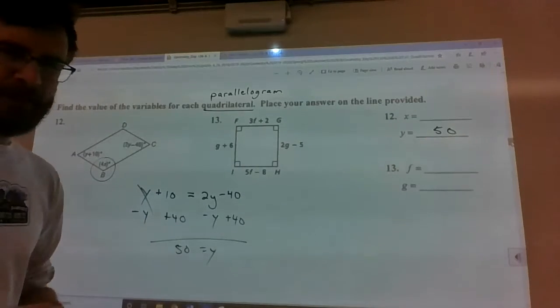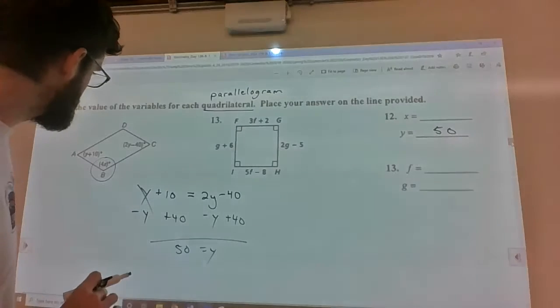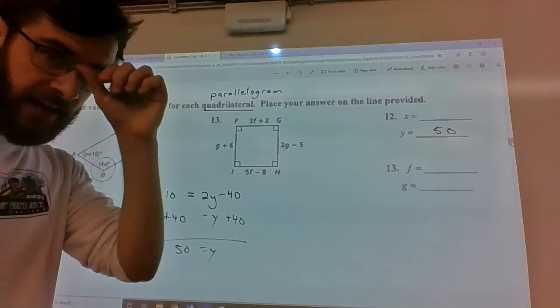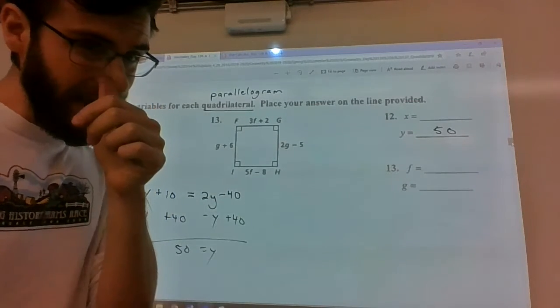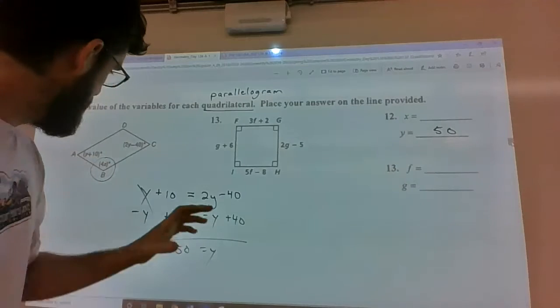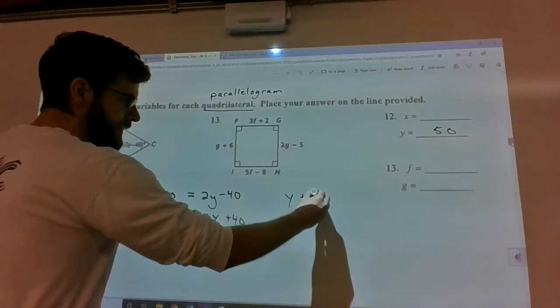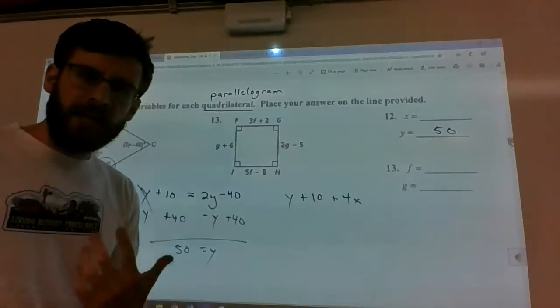Okay? That's where people start to guess sometimes if they don't know how parallelograms work. But we know that consecutive angles inside of a parallelogram, they're not congruent necessarily, they're supplementary. So y plus 10 plus 4x is 180 degrees.